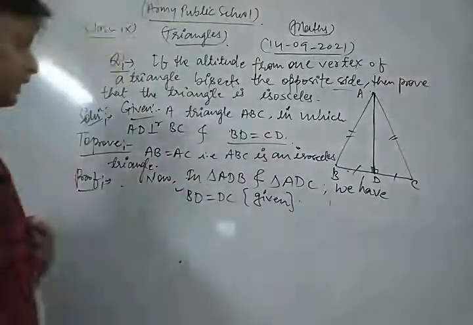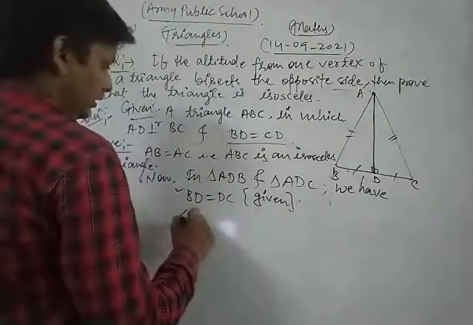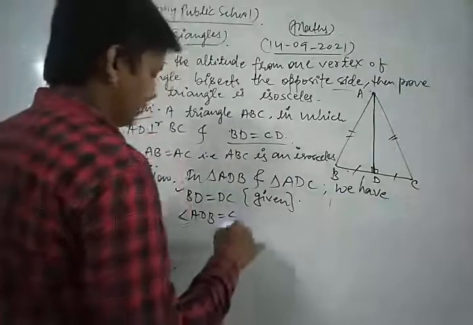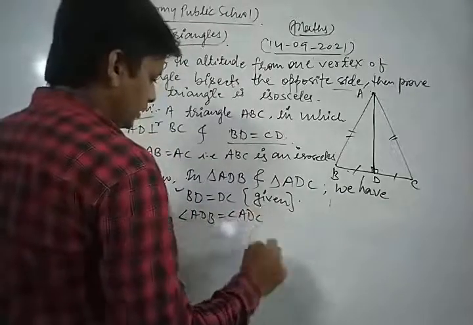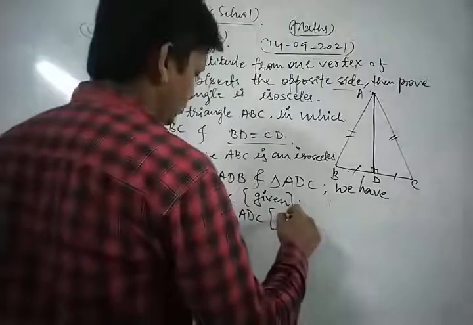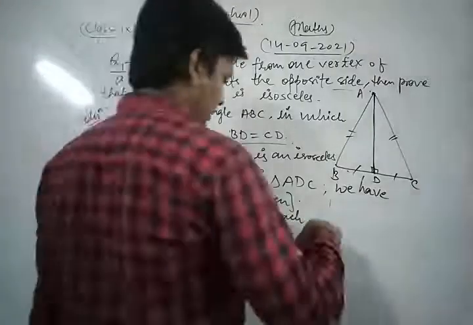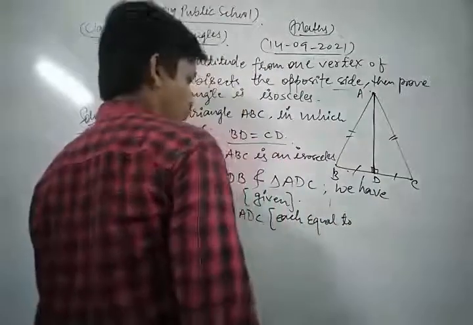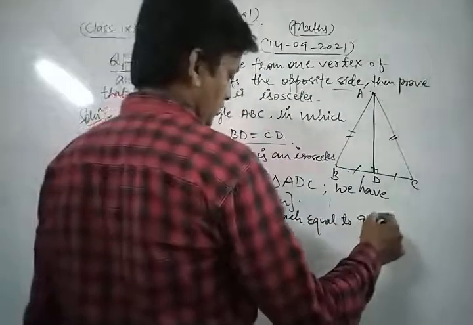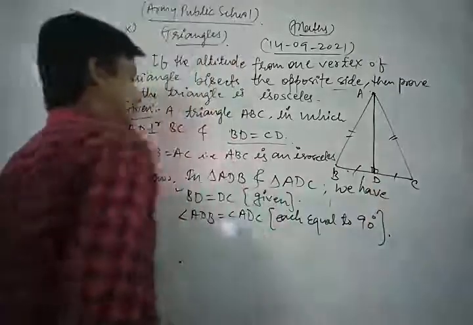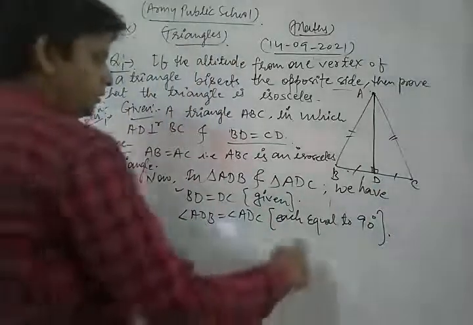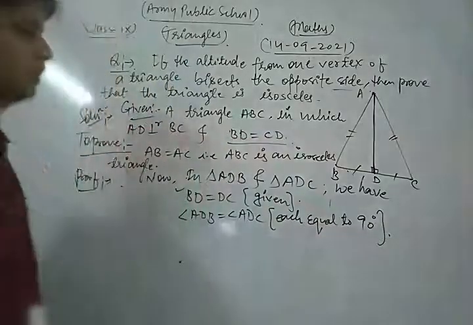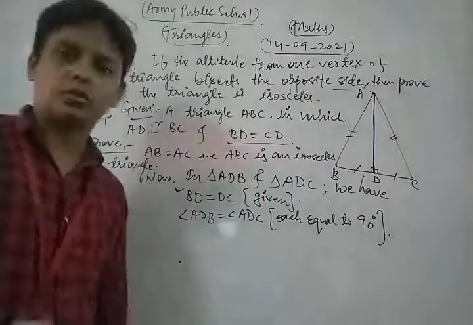This is 90 degrees. That is, angle ADB is equal to angle ADC, each equal to 90 degrees.